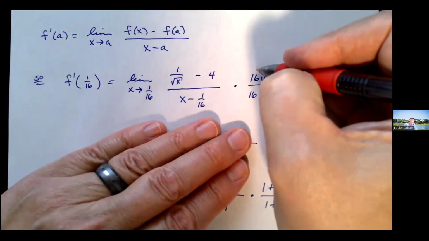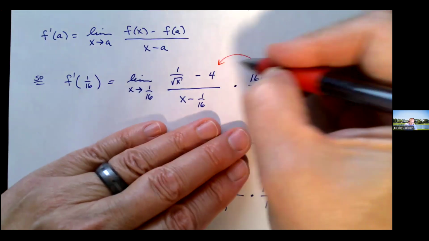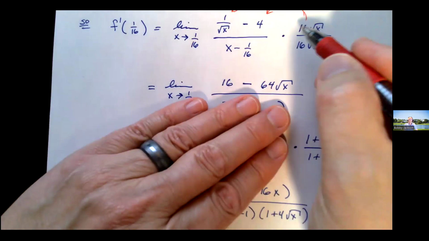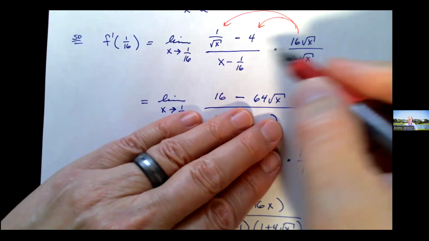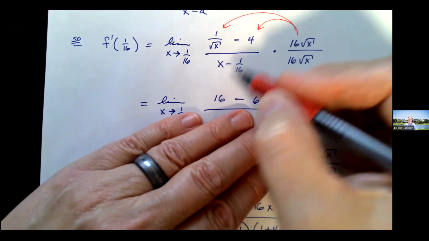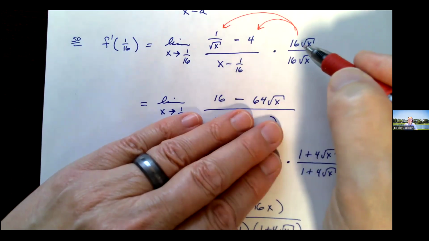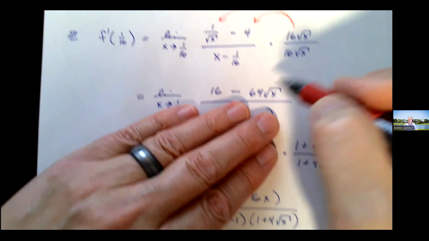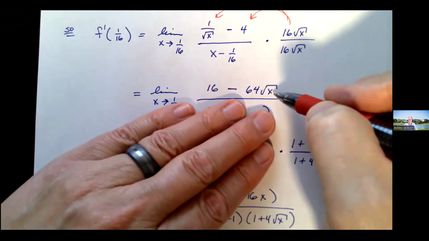Up top here, I am going to distribute this through. When I do that, 16 square root of x times 1 over square root of x, the square roots of x cancel, and I'm left with 16. Then 16 square root of x times 4 is 64 times the square root of x.